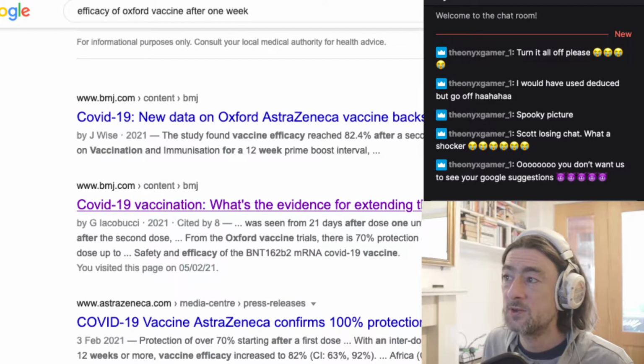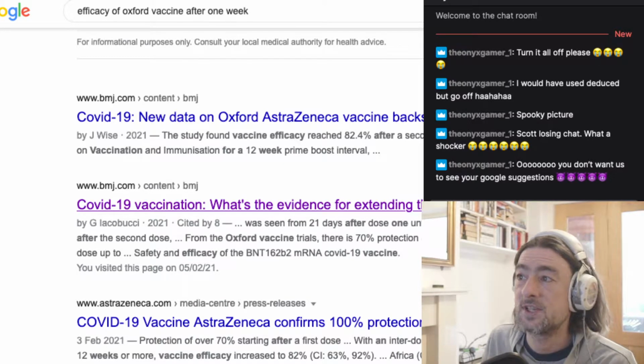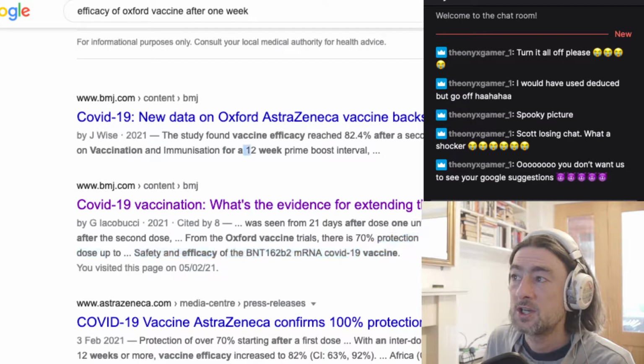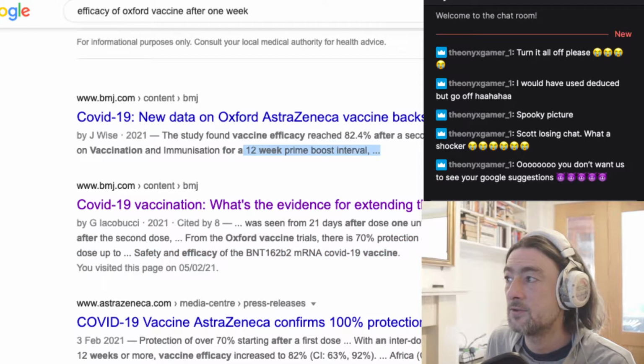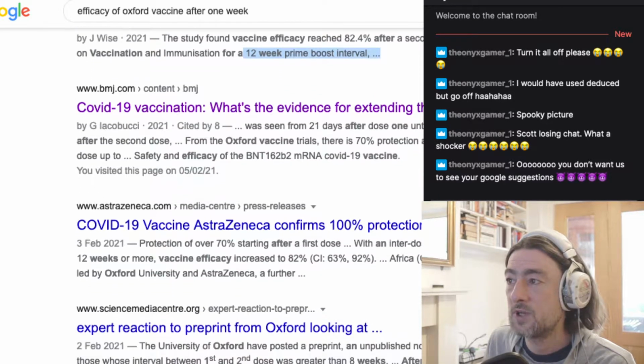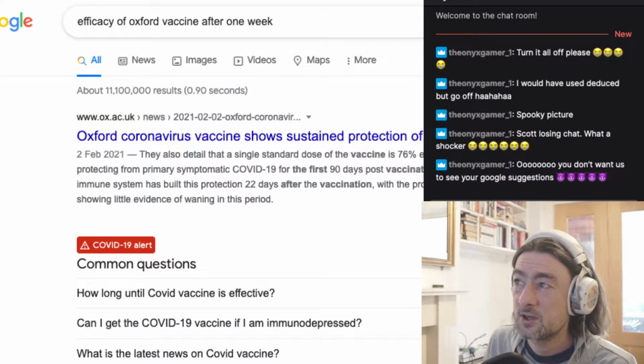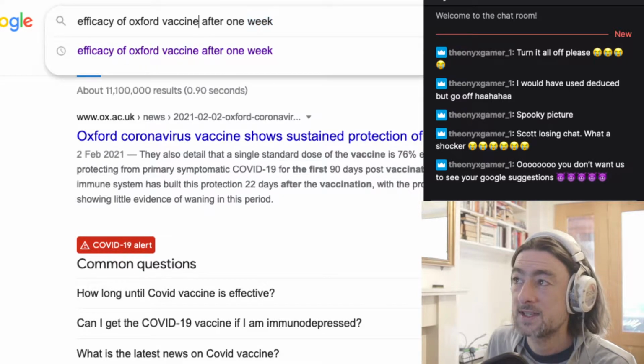the answer. This one here, I did click, what's the evidence for extending, and it's about 70% protection after the first dose, 12-week boost interval. It's always talking about intervals between the vaccines. It offers 100% protection after a first dose with an interdose interval of 12 weeks. And these keywords, week, vaccine, Oxford efficacy, they're all coming up.